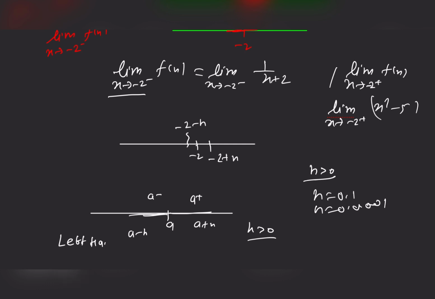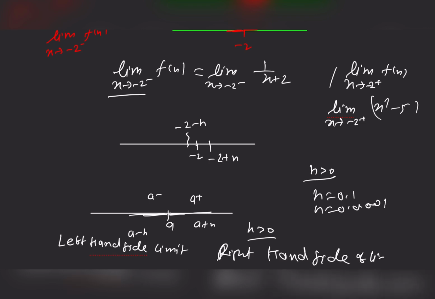Left hand side limit. And if you would like to find out any limit of f of x in greater than a, in the a plus, then we have the right hand side limit.